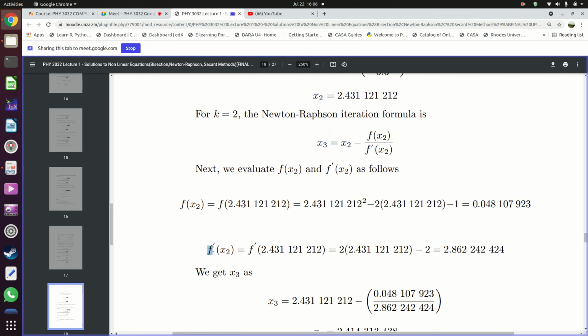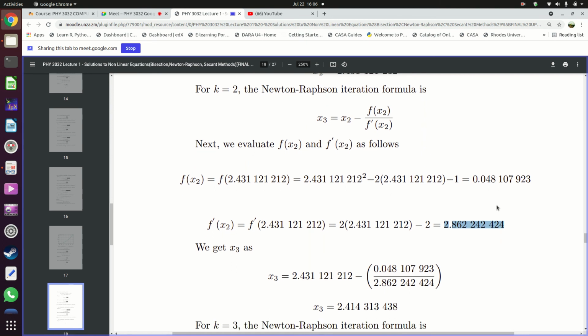Then we work out the value of the derivative. In this case, f prime of 2.431121 is 2 times 2.431121 minus 2. You end up with 2.863424. So this is the value of the function at x2, and this is the value of the derivative at x2.